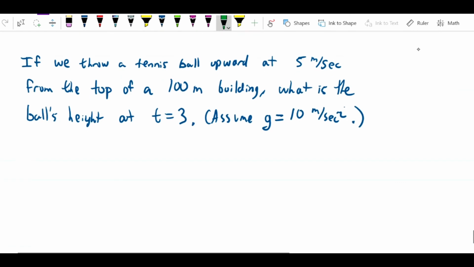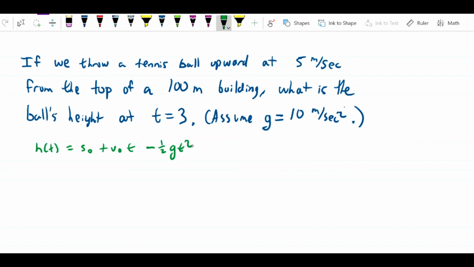So let's just do one problem, not a very difficult one, just to set this up and show the context. If we throw a tennis ball upward at 5 meters per second from the top of the building, what is the ball's height at t equals 3? We know that the height as a function of t is s0 plus v0t minus 1/2 gt squared.